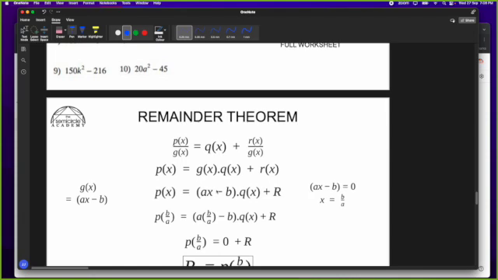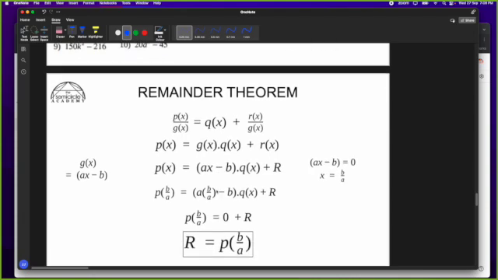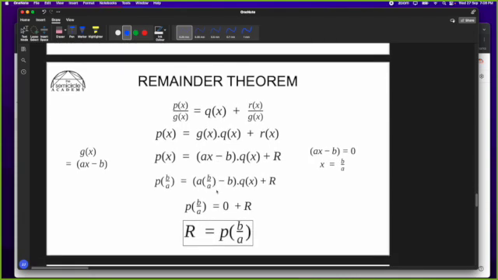Now we look at the wonderful remainder theorem. We now reach the remainder theorem. P of x divided by g of x gives me a quotient and a remainder over the divisor. What did we do? We took this divisor and we threw it across.